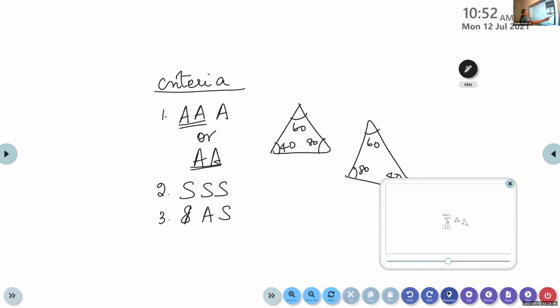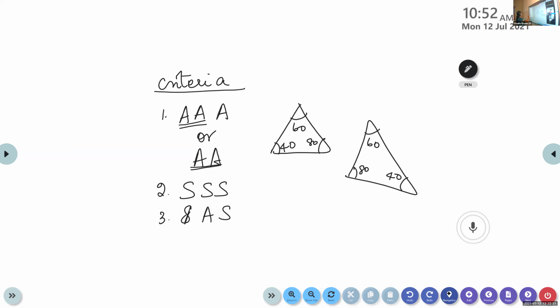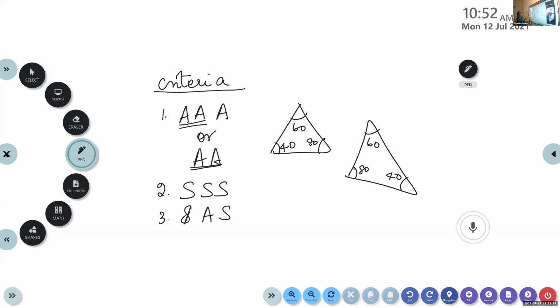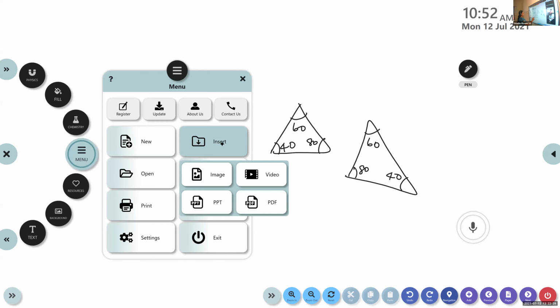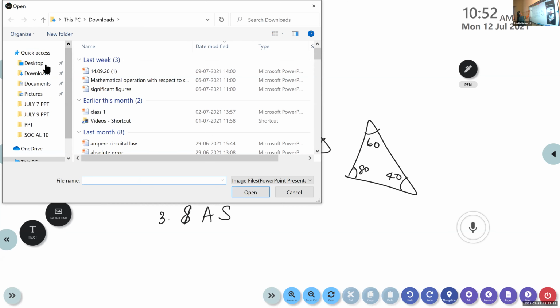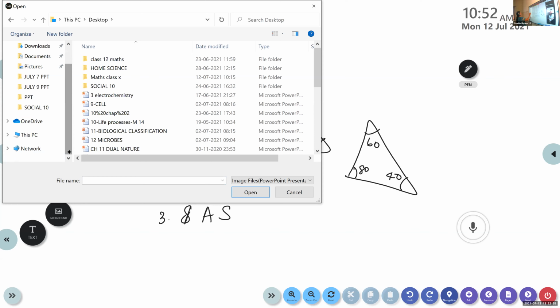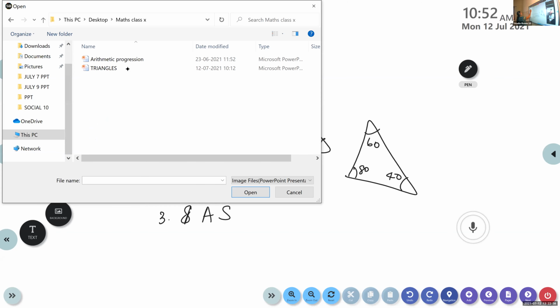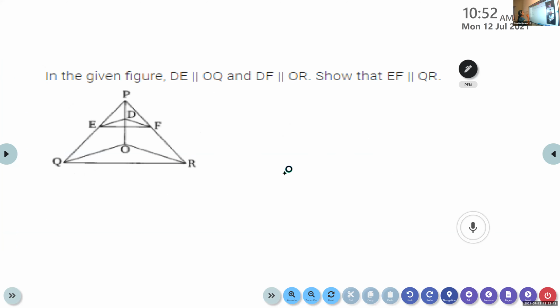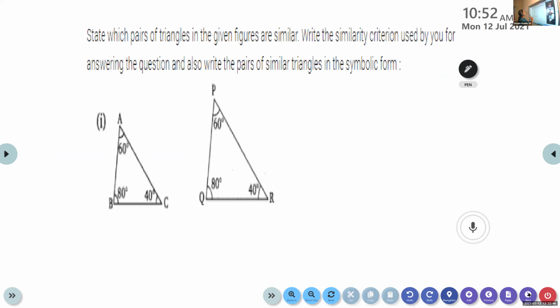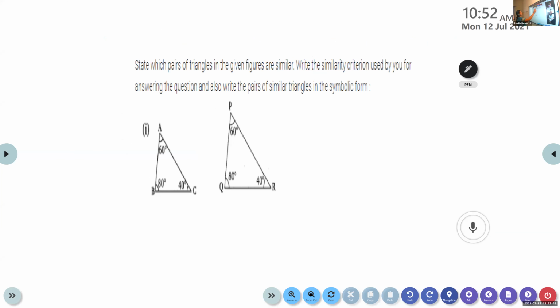Now write this question. State which of the triangles are similar. Look at here. State which pairs of triangles are similar. Write the question.